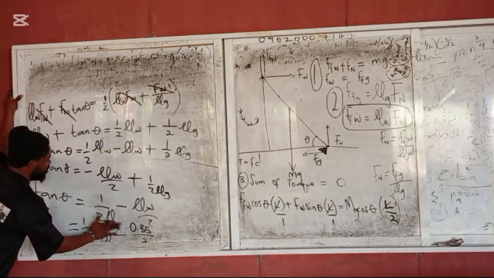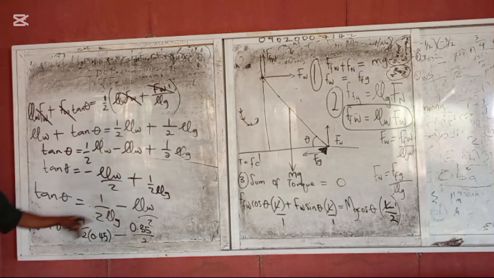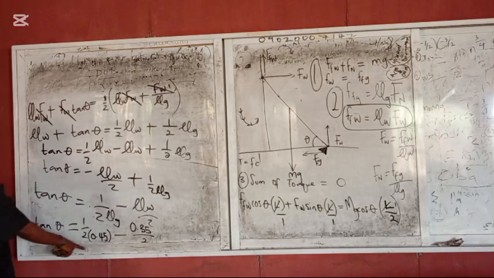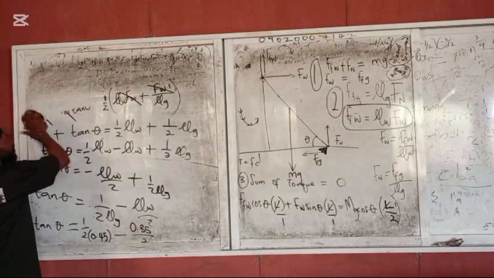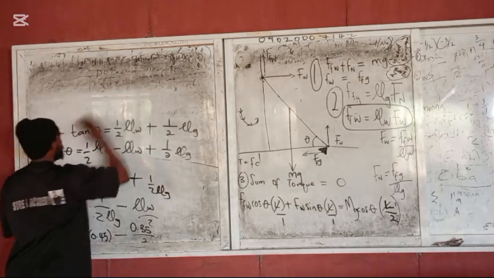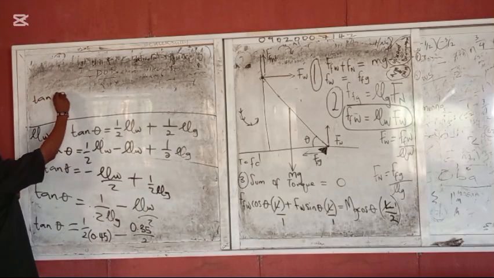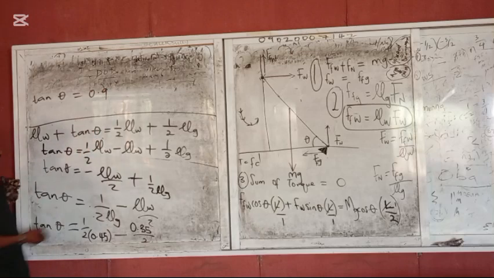Please, as you're doing this, pay attention so I don't miss anything. Is it 0.45 we have for this? What is 2 times 0.45? So I have tan theta is equal to 0.9 and 1.111.